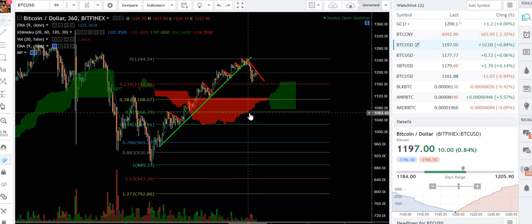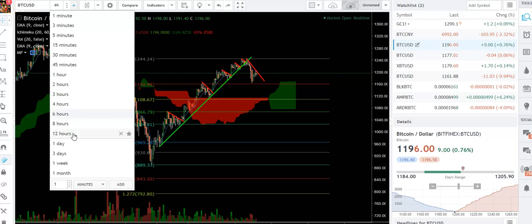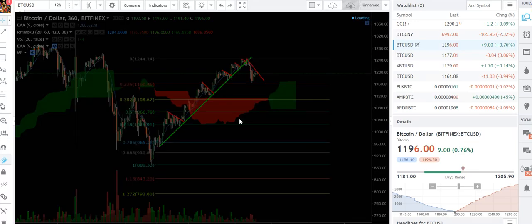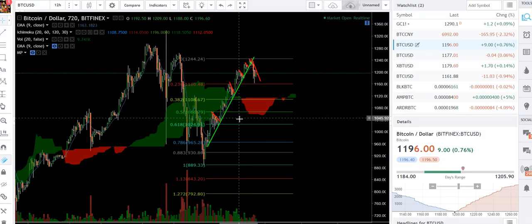But when we start to look at that low of a retracement, we realize that we would be going into our 6-hour cloud. And even our 12-hour cloud is there as well. So we want to consider that, okay?